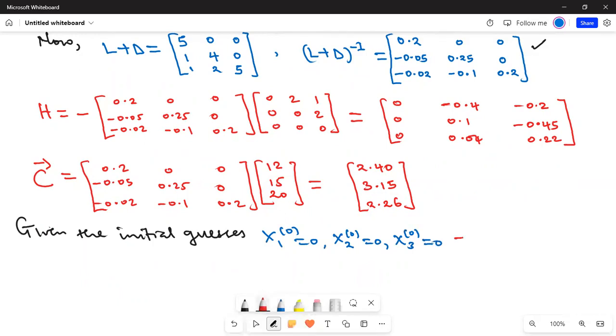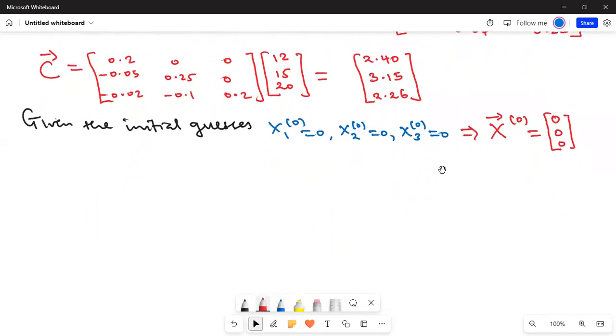What does it mean? That the vector x at level 0 must be equal to the zero vector with 3 elements, so that the first is x1 at level 0, the second element is x2 at level 0, and the third element is x3 at level 0. Now let's perform the first iteration. You write here first iteration.